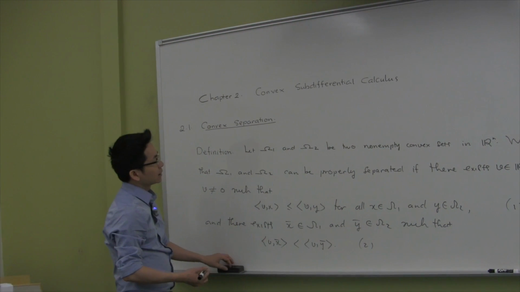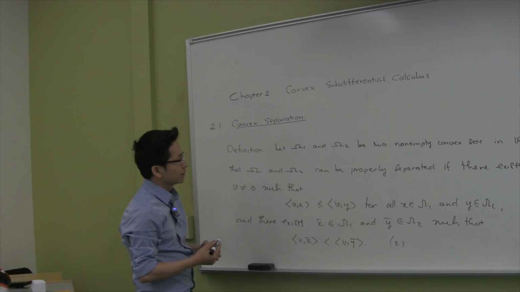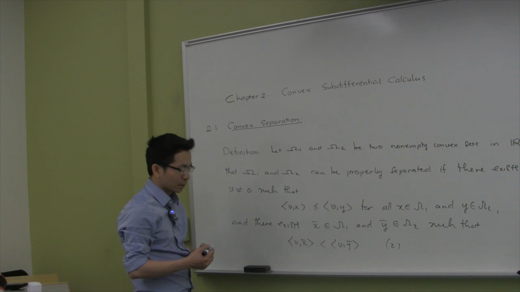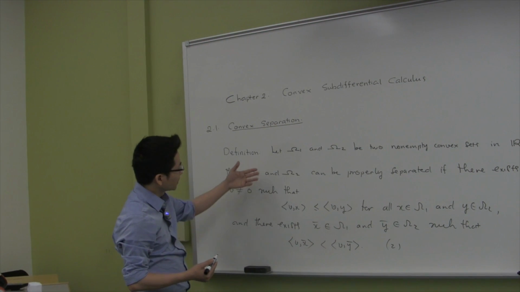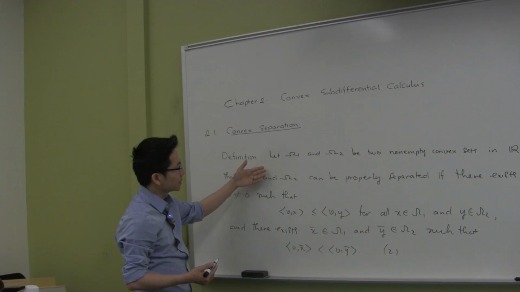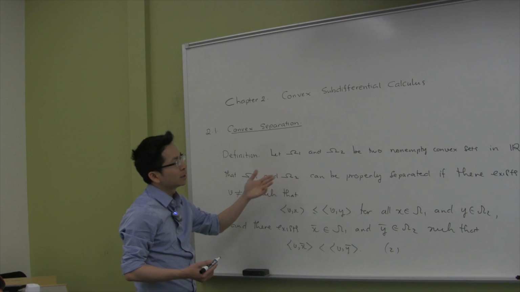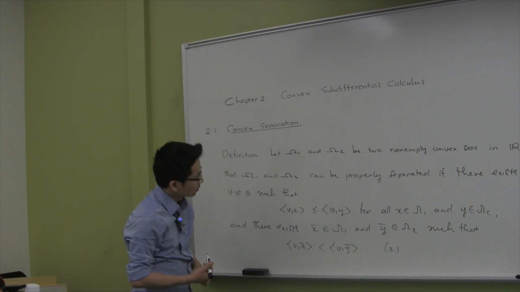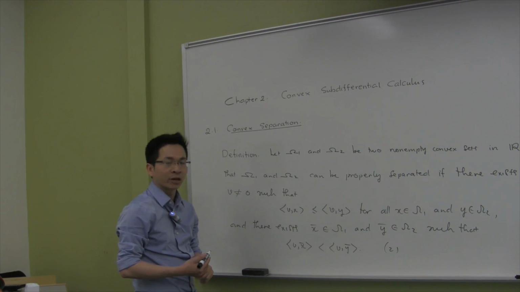Okay, and after introducing that concept, we're going to see that in order to see when two sets omega 1 and omega 2 can be properly separated, we can use the relative interior of convex sets.